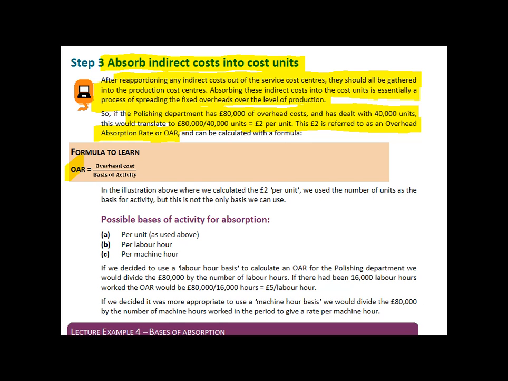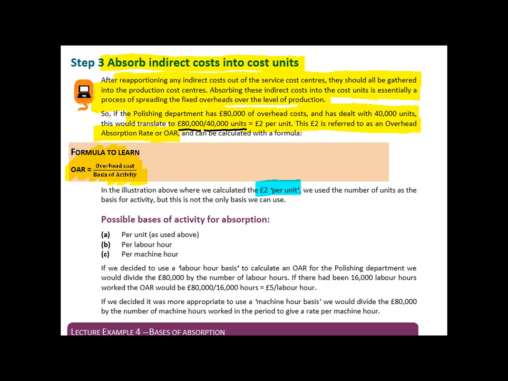And the formula that we use to calculate the OAR is we take the overhead costs, so maybe the 80,000, and we divide by the basis of activity, maybe the 40,000 units, to give us the £2 per unit.